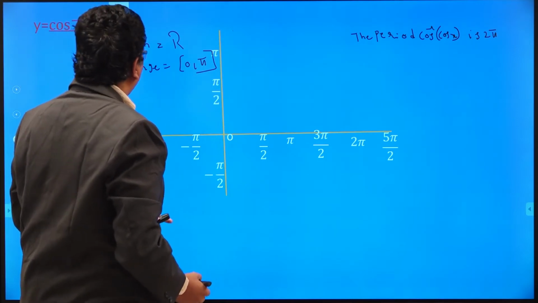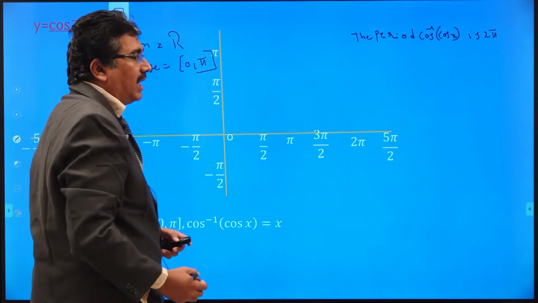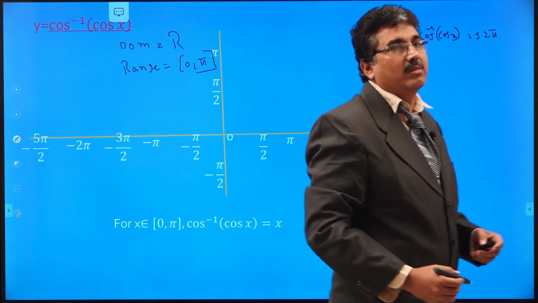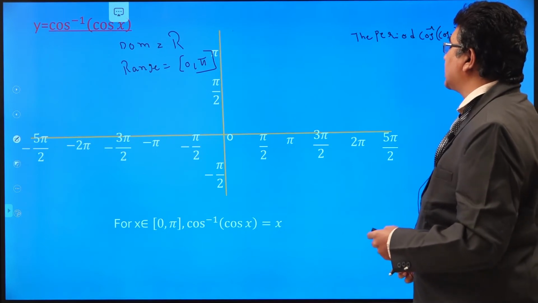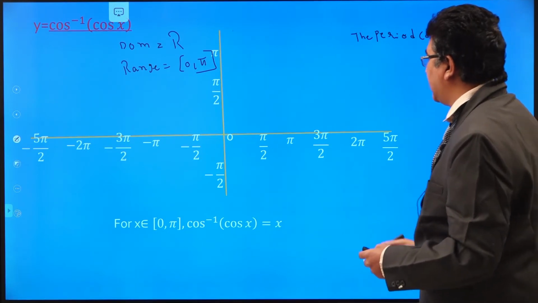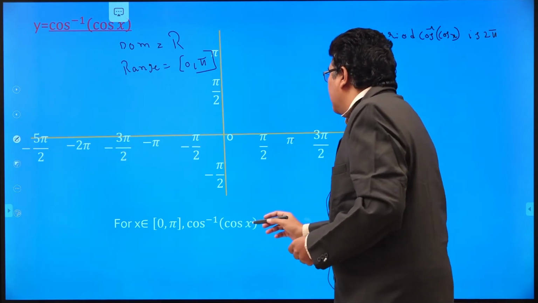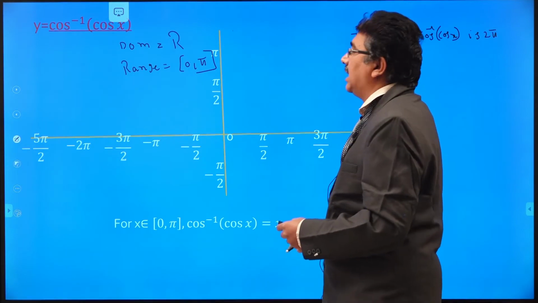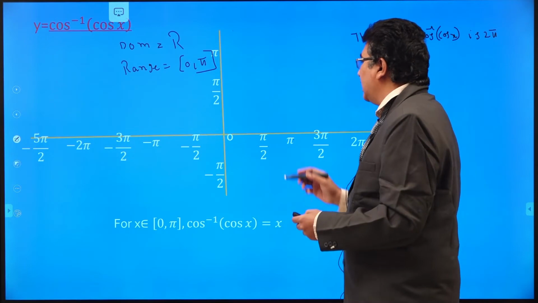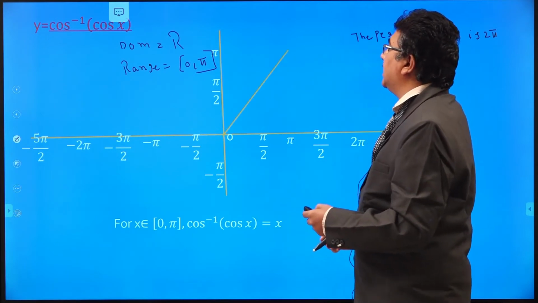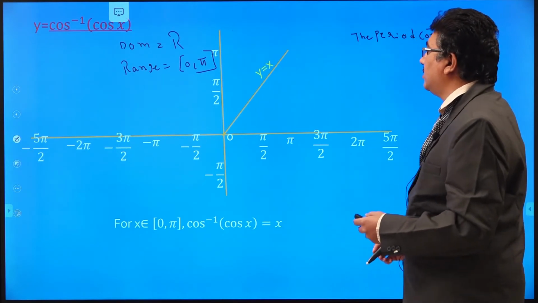If x belongs to the closed interval 0 comma pi, cos inverse of cos x is equal to x. Therefore, the graph of this function in the interval 0 to pi is a straight line, that is y is equal to x.